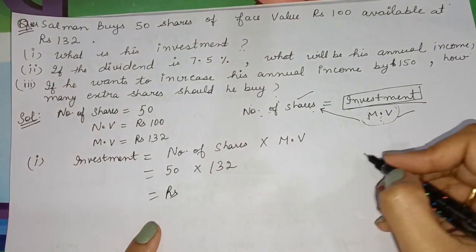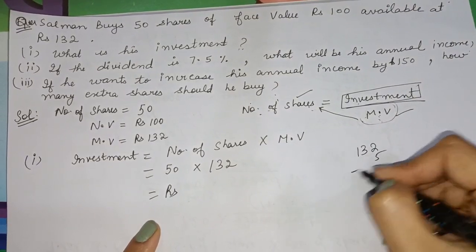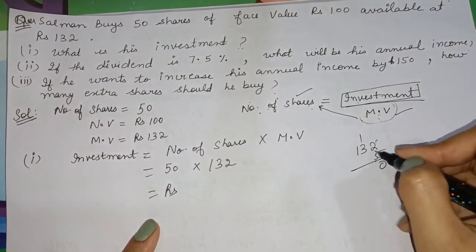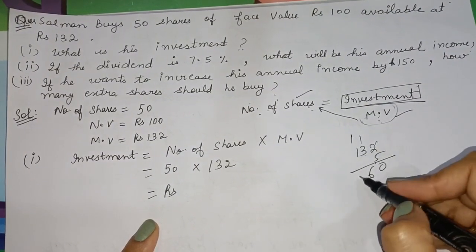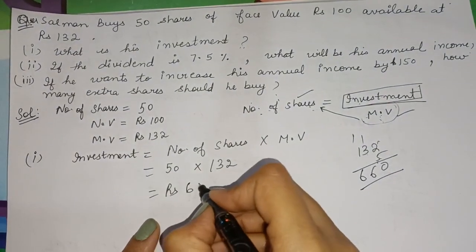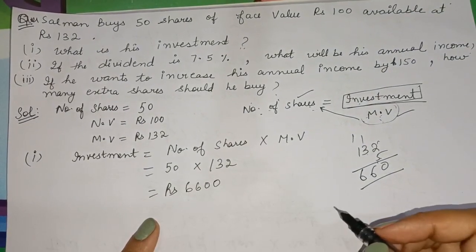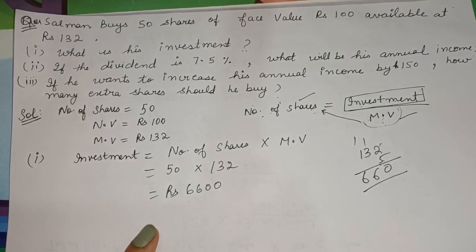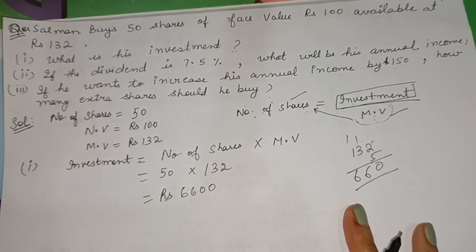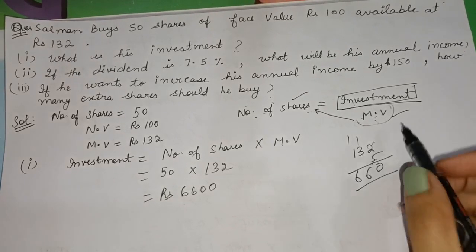So investment we can find now: 132 into 5, 5 into 2, 10, 15 plus 1, 16. So calculations, make sure every time you are double checking your calculations, because in exams when we are in a rush, we tend to make mistakes.